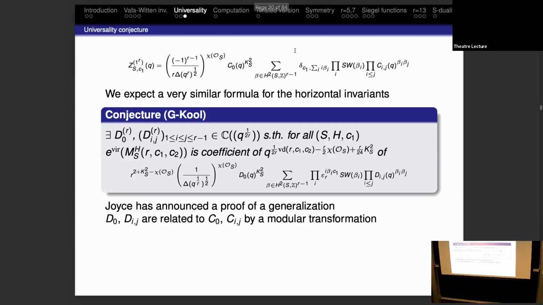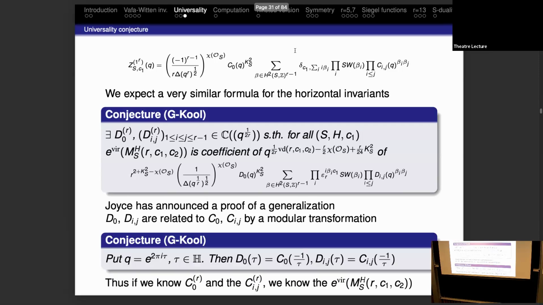Okay, and in addition, we claim that these generating functions for the vertical and horizontal Vafa-Witten invariants are related by modular transformations, by the most obvious one, namely the S transformation. So we claim that if q = e^{2πiτ}, then d0(τ) is C0(-1/τ), and dij(τ) is equal to Cij(-1/τ).